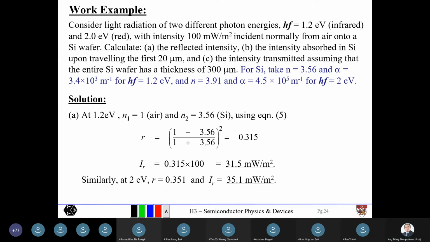Now we can redo the calculation for 2 eV. For 2 eV, the reflectivity actually is higher, because the refractive index is higher, so more light will get bounced back.